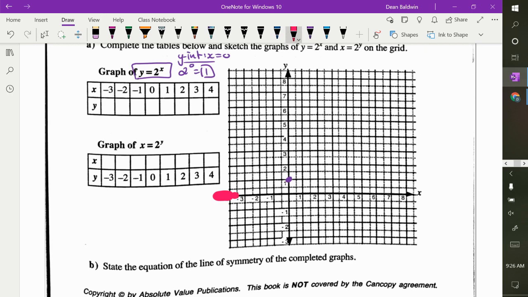So we have an HA of 0. Is it growth or decay, this graph? Growth. So the graph looks like this. Y is equal to 2 to the power of x. Okay.